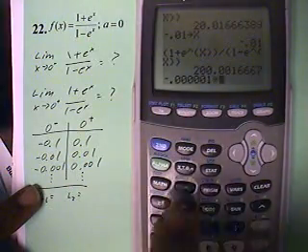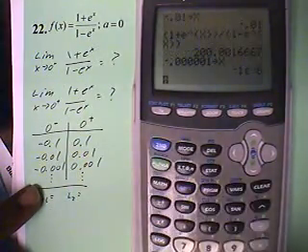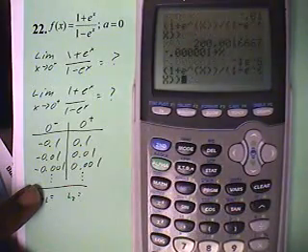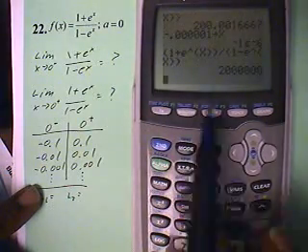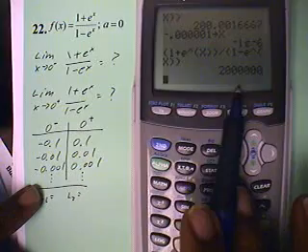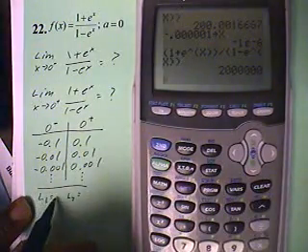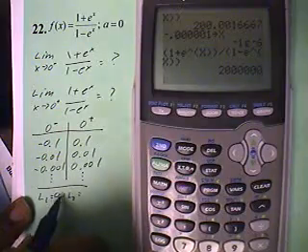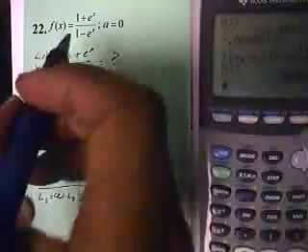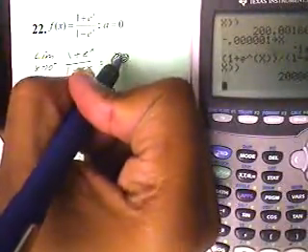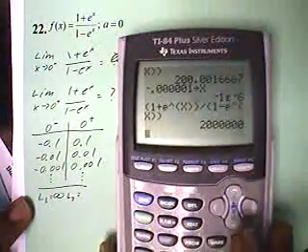Let's store that into x, and then bring the equation back, second function enter. Getting very large, about 2 million. So my conclusion is for the left side, it's going to positive infinity, getting larger and larger.